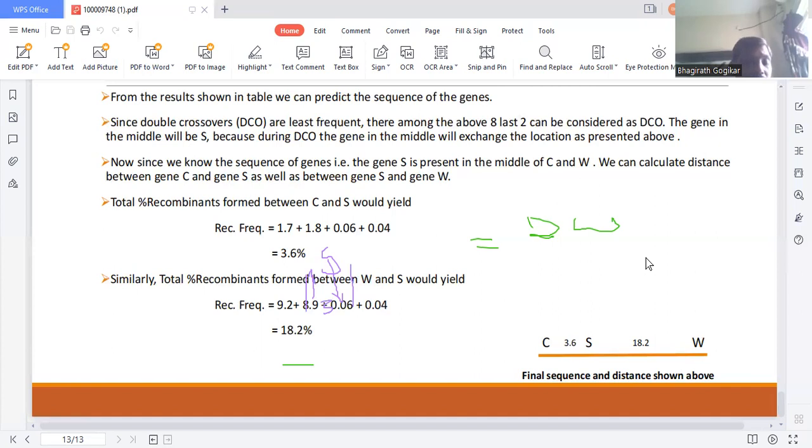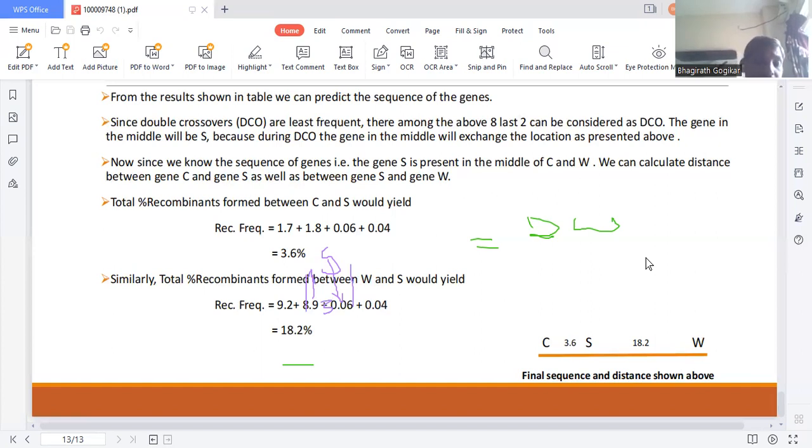So interference is inversely proportional to the percentage of crossing over. Interference is one of the terms generally used in genetical maps. If the frequency of double crossovers is equal to the expected value, there is no interference.